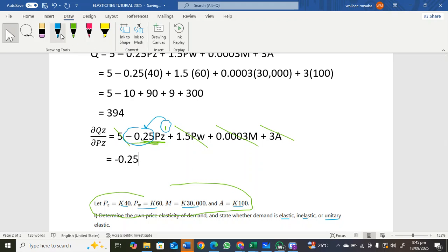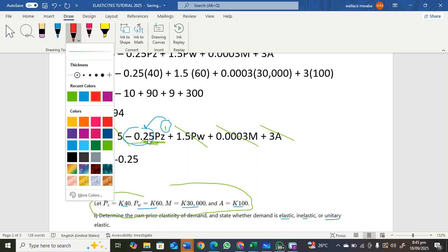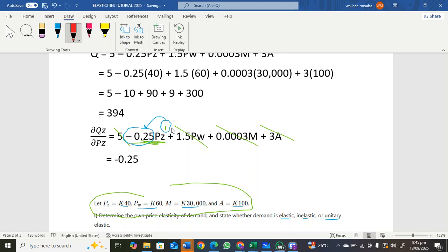Then after you multiply the exponent with the coefficient, you subtract a 1 from the exponent. 1 minus 1, that is 0. So we have negative 0.25 pz to the power 0. Then anything to the power 0 is 1, so we don't need to show this. So our answer is negative 0.25. Any questions?